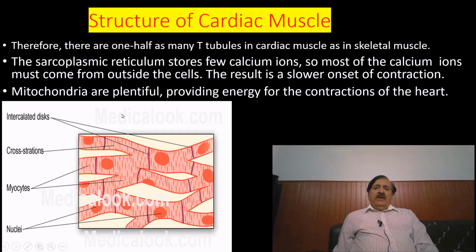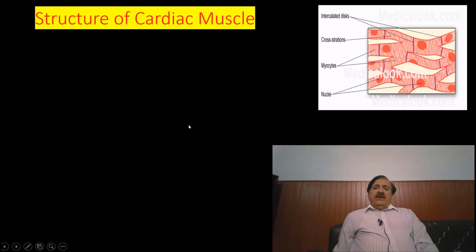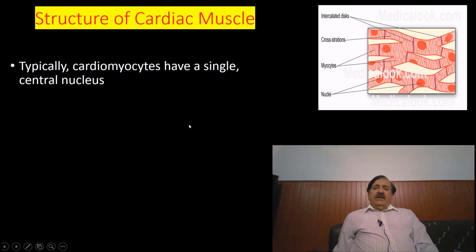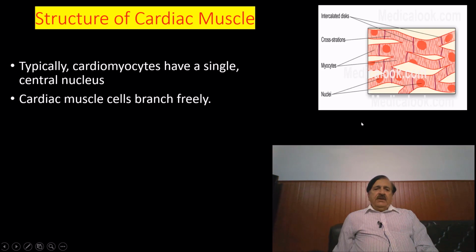It also contains plentiful mitochondria because the heart remains active throughout life and needs more energy. Typically, cardiomyocytes, as cardiac muscle cells are also called, have a single central nucleus. You can see that there is a single central nucleus.